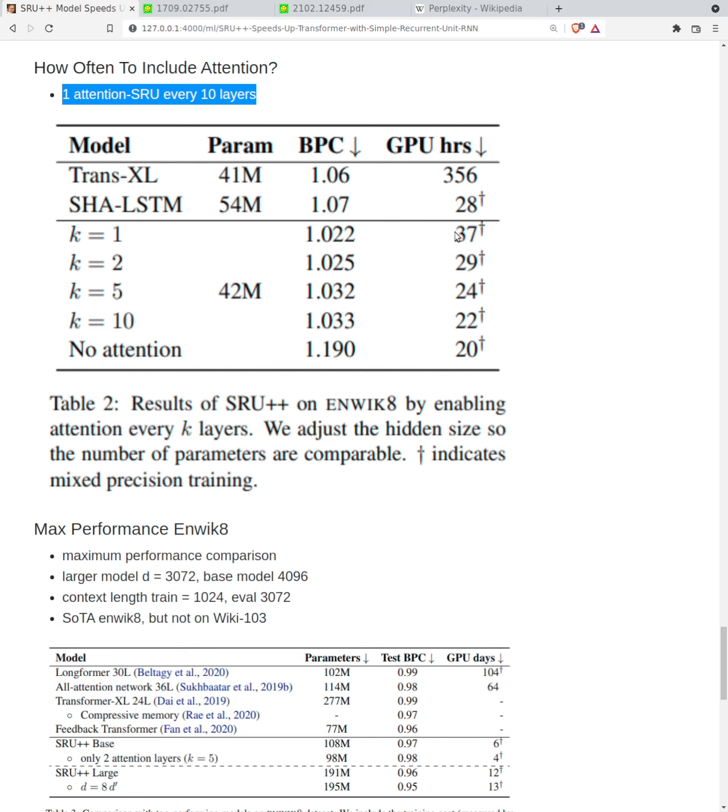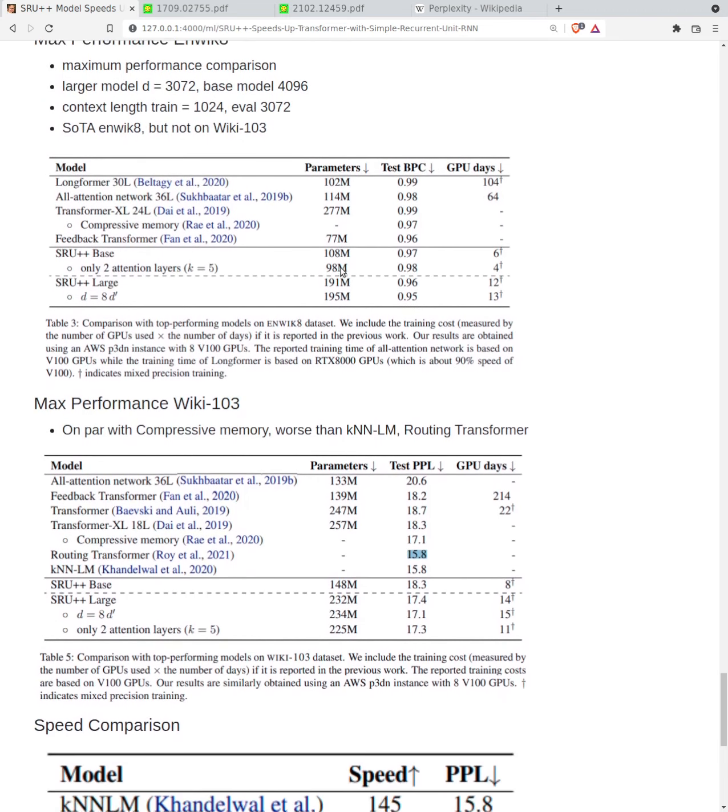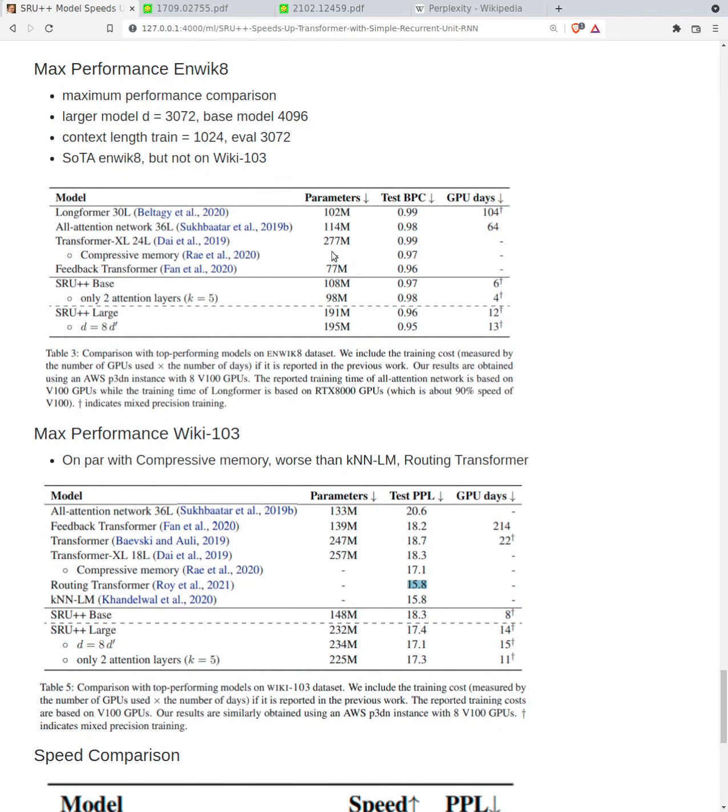But it's amazing that for the speed comparison, even if you have attention in every layer, it's still 10 times faster, and then it gets even faster if you start including attention less, right? So it's 10 times faster than Transformer-XL. Okay, they also achieved state of the art on Enwik8, which is rather a small dataset apparently, but it's still interesting.